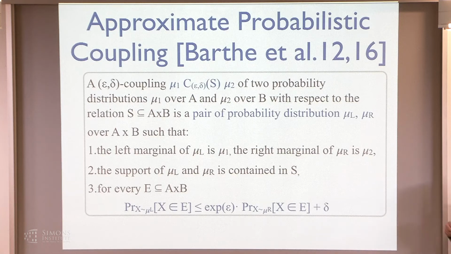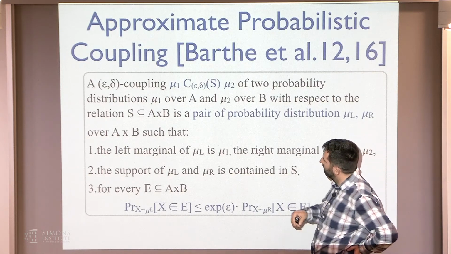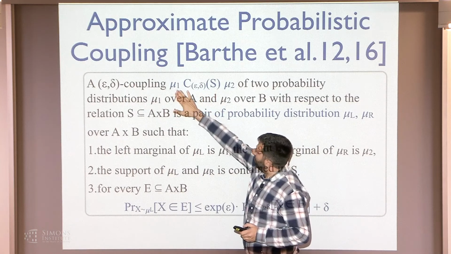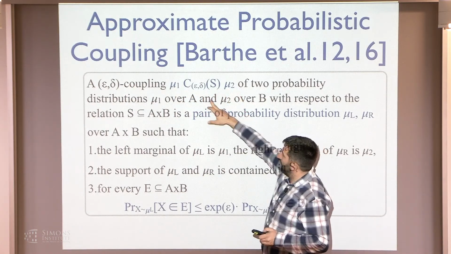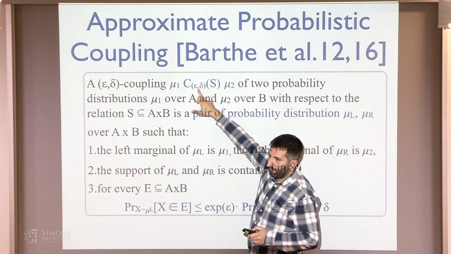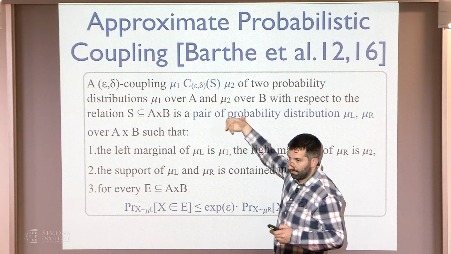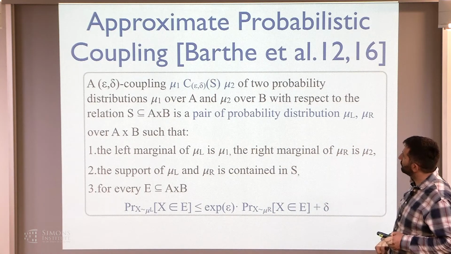This is the definition, and unfortunately it is a bit long, but let me try to read you through it. We have two distributions, mu1 and mu2, and we say that we have an approximate coupling, where the approximation is for epsilon delta, and for the formula S, which is a relation.